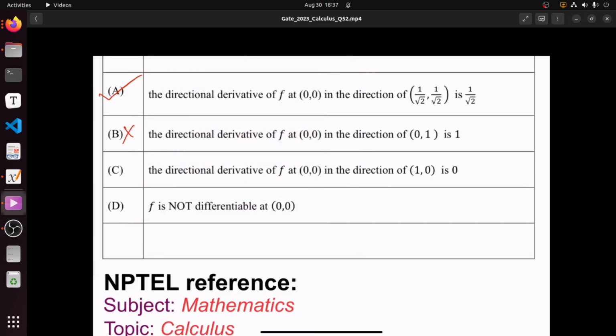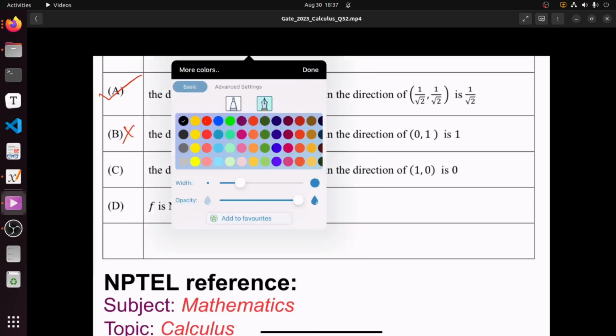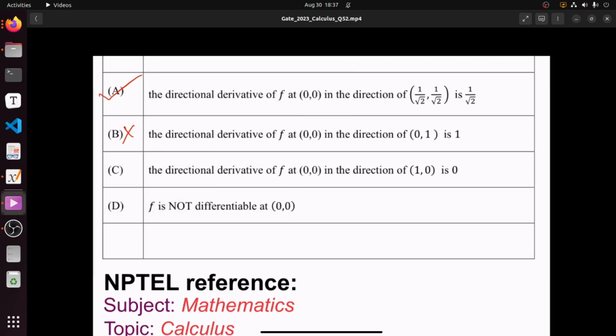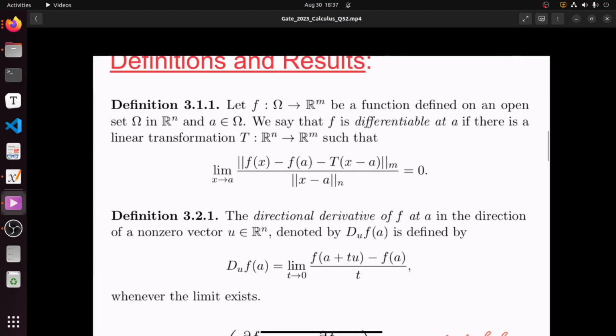Okay, now let's check option number C. We have to find the directional derivative of f at the point 0, 0 in the direction 1, 0.